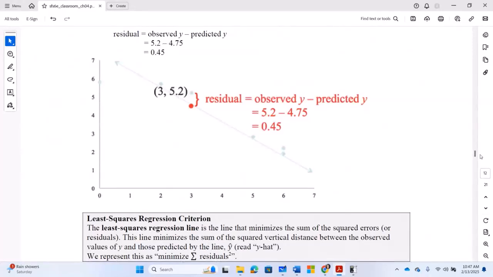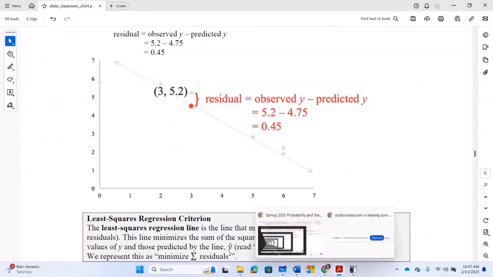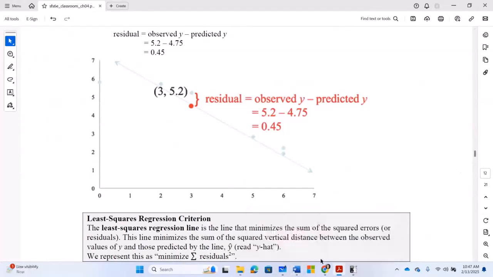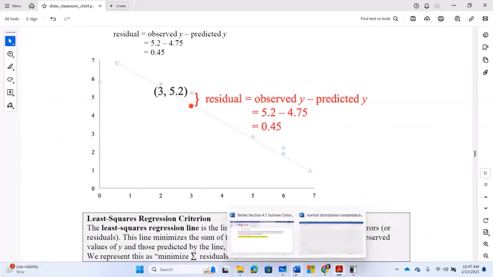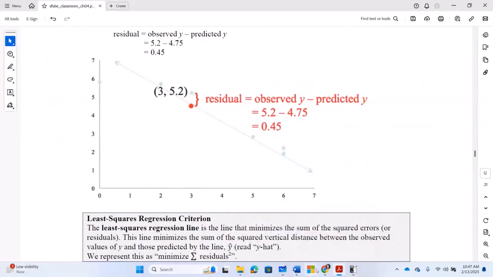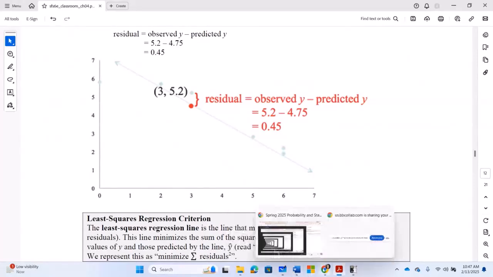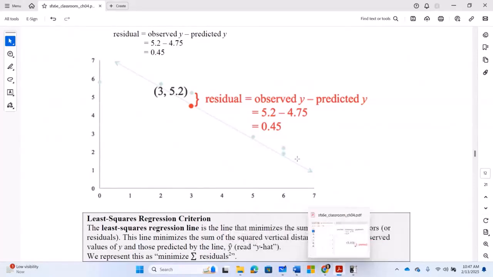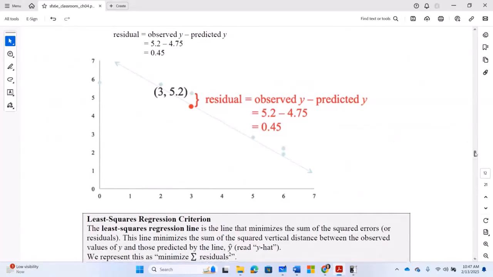What do we actually mean by observed y? Okay, I'm going to bring the equation again. This is, let's see how I get the equation.